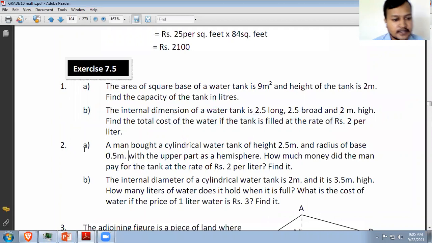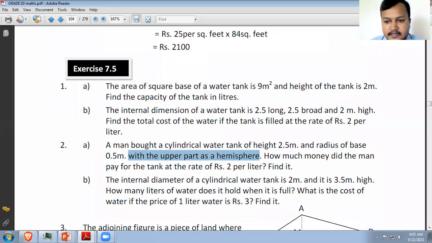Similarly, question number 2A. A man bought a cylindrical water tank of height 2.5 meter, radius of base 0.5. For the cylindrical tank, height is given as well as radius. And one another thing is also given, with upper part as hemisphere.